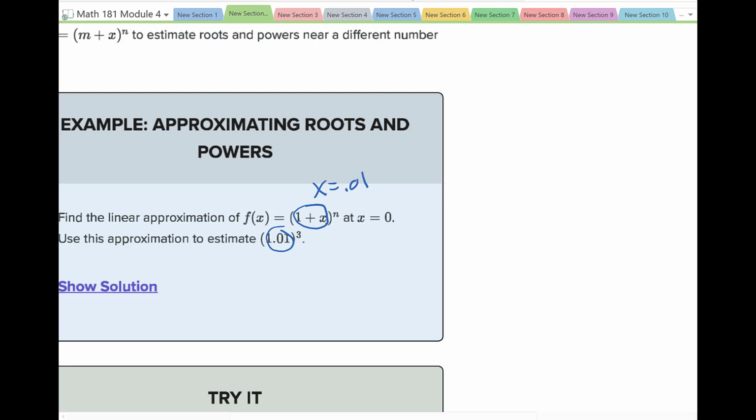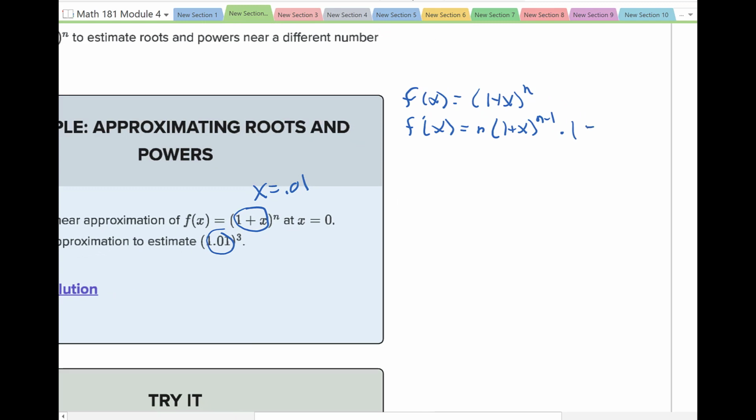So again, our f of x is 1 plus x to the n power. So our f prime of x is n times 1 plus x to the n minus 1 times the derivative of what's inside is just a 1. So what we're just looking at there is n times 1 plus x to the n minus 1.